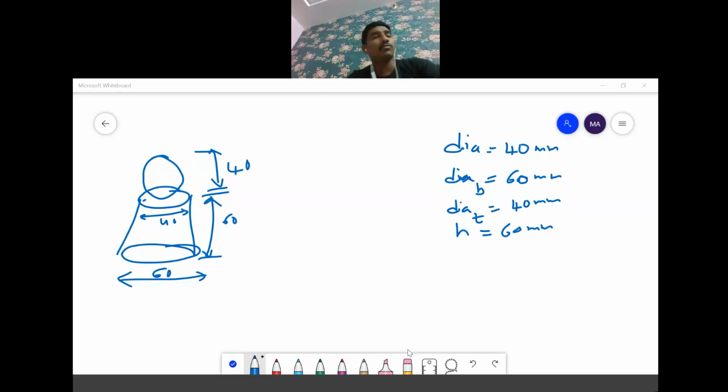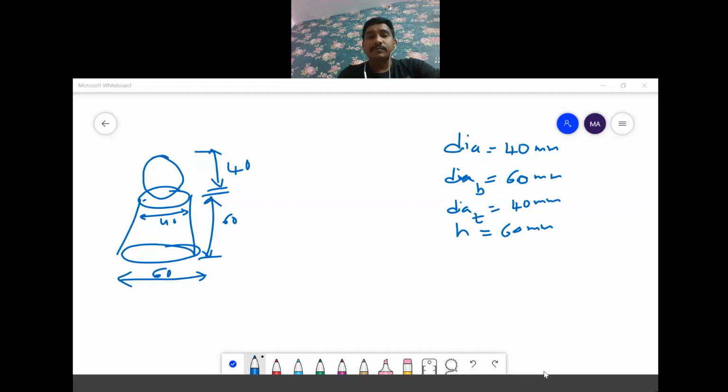When you see the question, a sphere of 40 mm diameter is placed centrally over a frustum of a cone. You know what the frustum is? Frustum is nothing but the cut section of any cone.